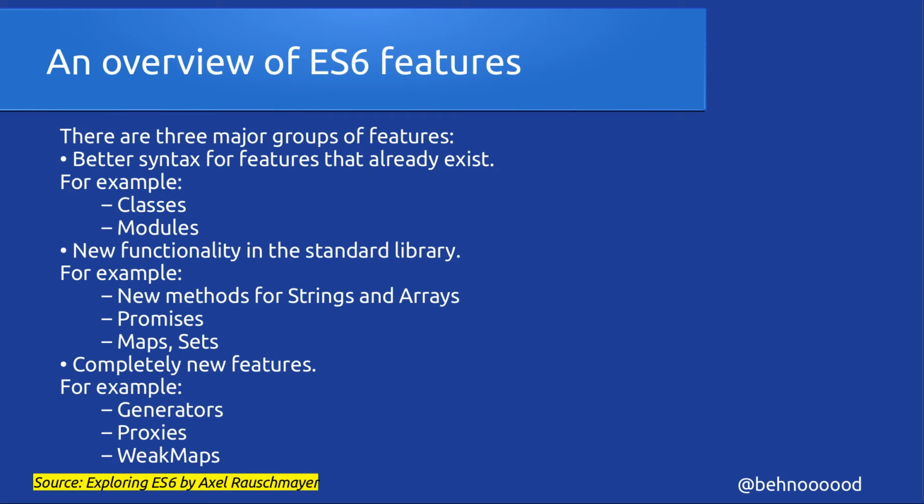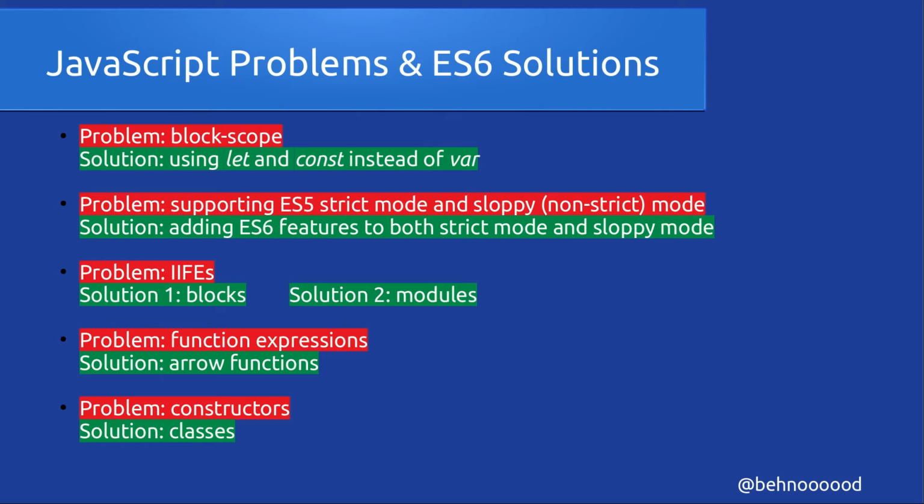Better syntax for features that already exist, for example, classes and modules; new functionality in the standard library, for example, new methods for strings and arrays, promises, maps and sets; and completely new features, for example, generators, proxies, and weak maps. So why ES6? What problems does it try to solve?